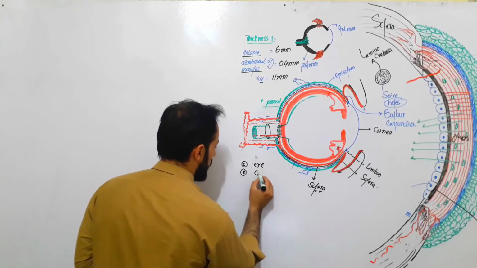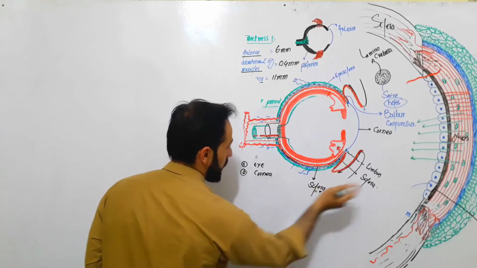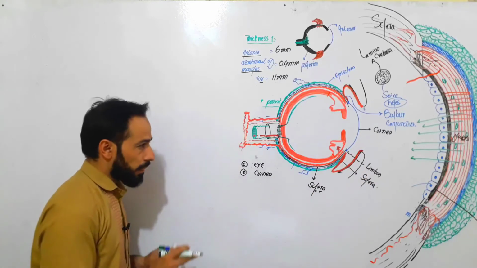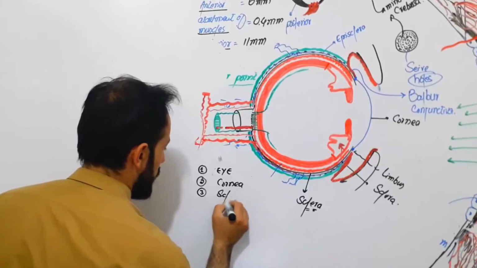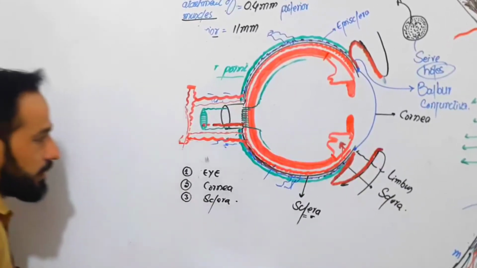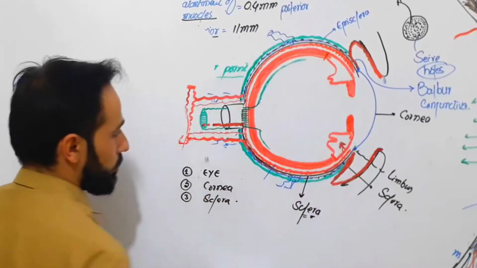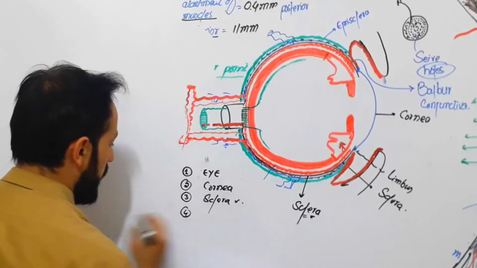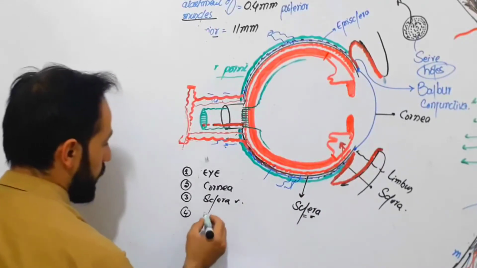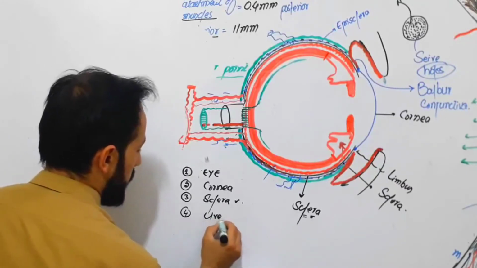Then I discussed the structure of the cornea that you can see on the whiteboard, and we discussed it in detail. And then we discussed the structure of the sclera in detail. You can see here I have drawn everything. In the last lecture we discussed the uveal tract, right?